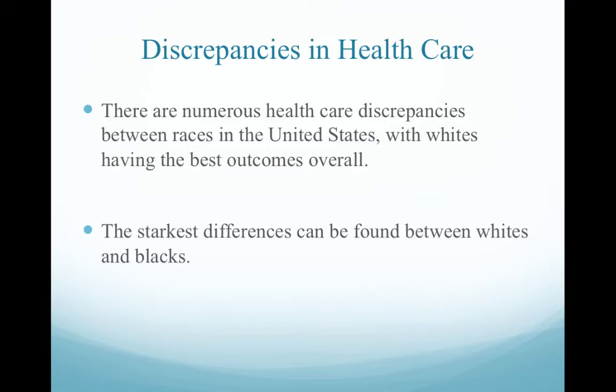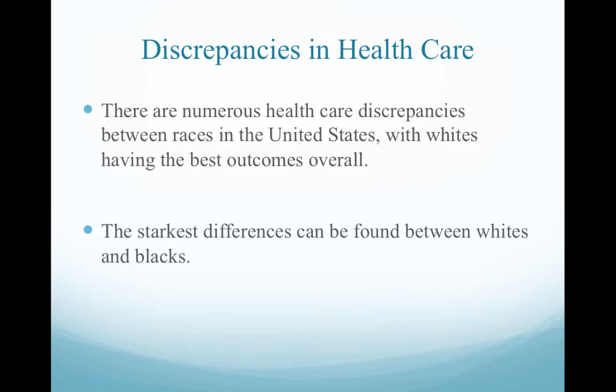There are some tremendous discrepancies in healthcare. Healthcare or quality healthcare is not accessible to every person. There are numerous healthcare discrepancies between races in the United States, with whites having the best outcomes overall. The starkest differences can be found between whites and blacks. Okay?